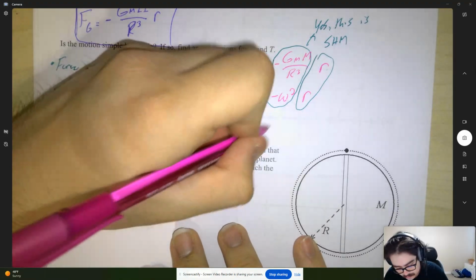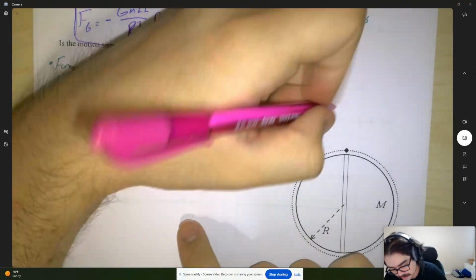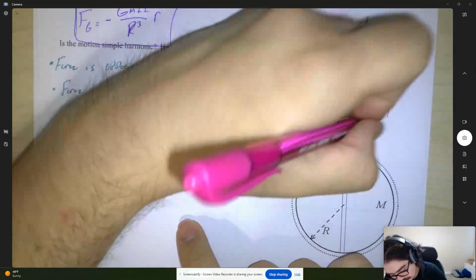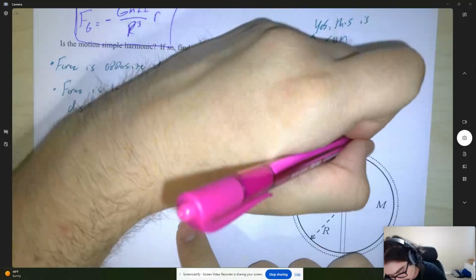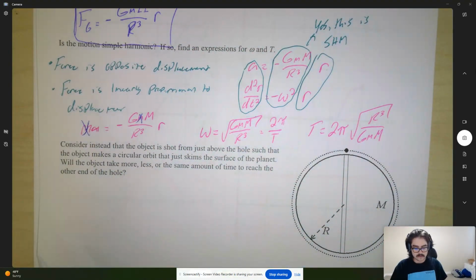Then I can set that equal to 2 pi over T. I flip both sides and multiply by 2 pi, and I end up getting T equals 2 pi root r cubed over G M. Oh, I'm so sorry.